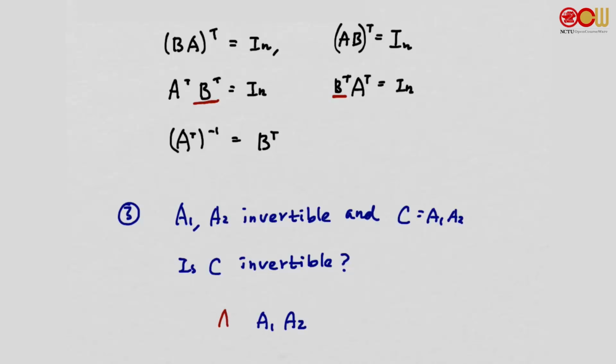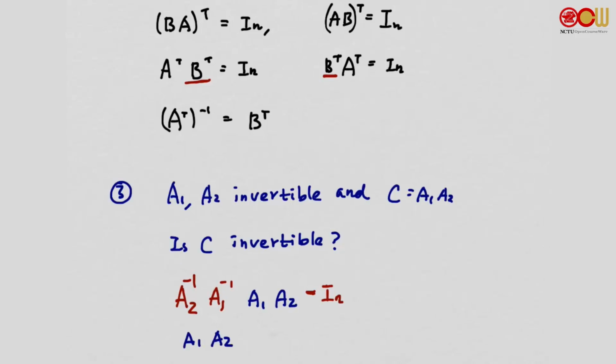Suppose we put A1 inverse, then A1 inverse and A1 will cancel off and we are left with A2, right? So let's multiply with A2 inverse, then we get the identity matrix, right? Now let's multiply the same matrix, A2 inverse A1 inverse, at the back and see if we get the identity again.